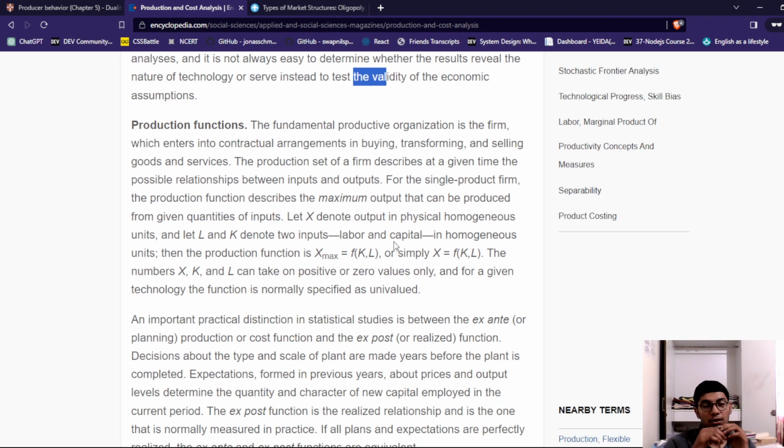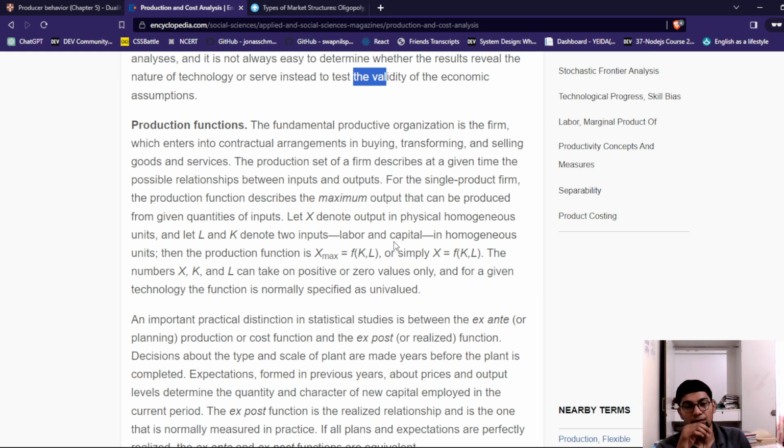The fundamental productive organization is the firm, which enters into contractual arrangements in buying, transforming, and selling goods and services. The production set of a firm describes, at a given time, the possible relationships between input and output.